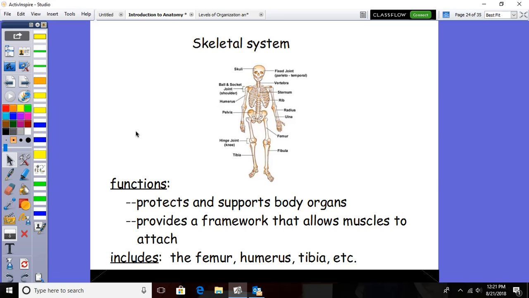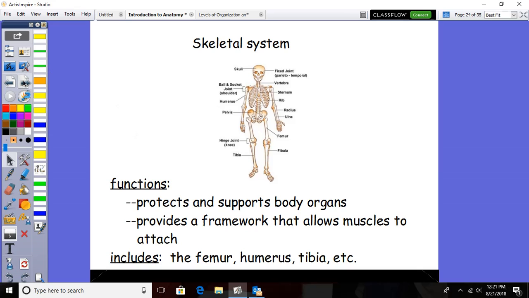It includes the femur, your thigh bone, the humerus, your upper arm bone, and the tibia, your shin bone.